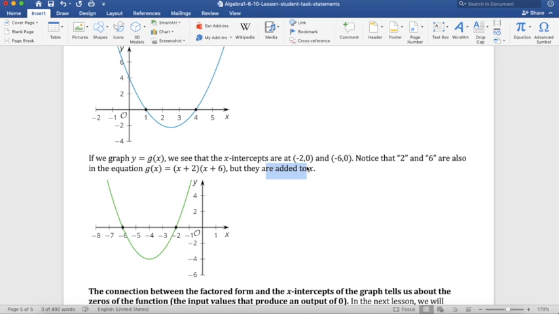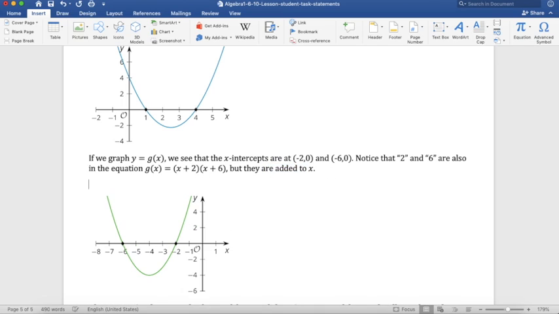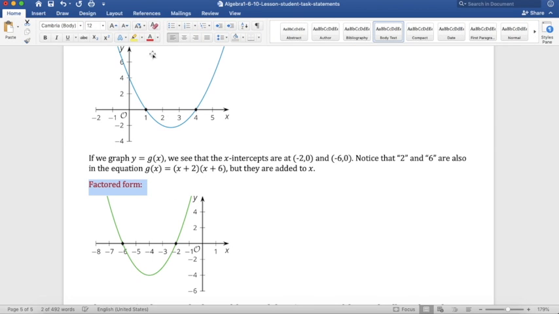So really, in factored form, we're saying that you subtract the intercepts. It's really x minus the zero times x minus the zero.